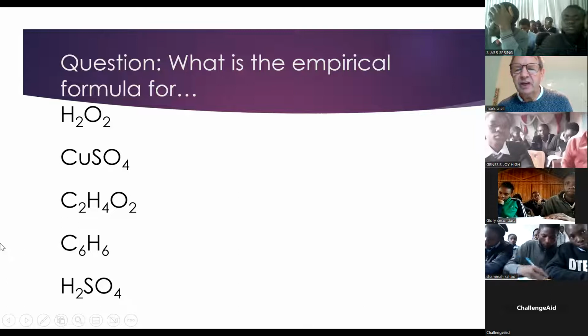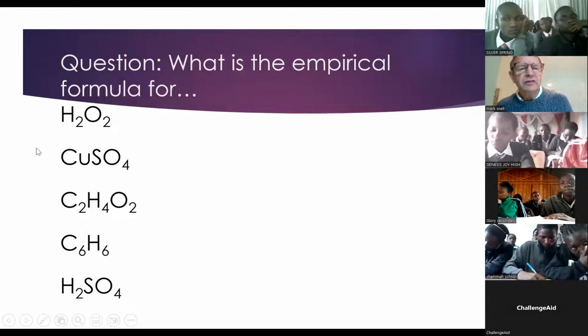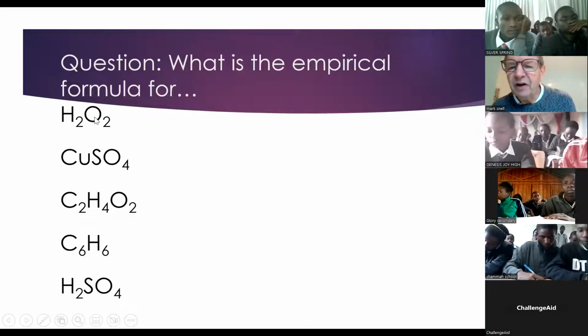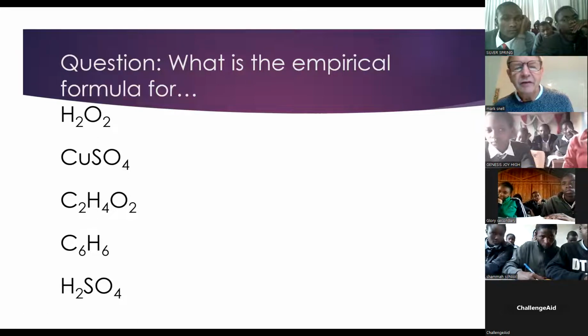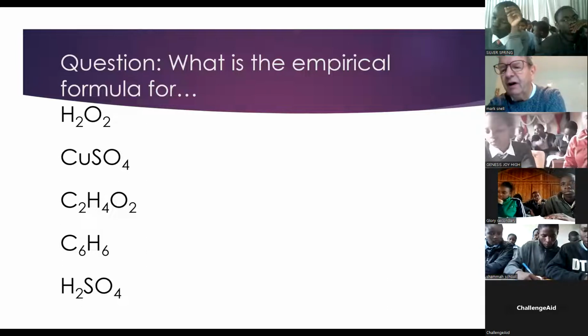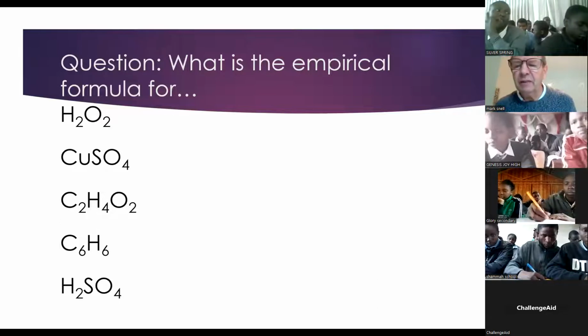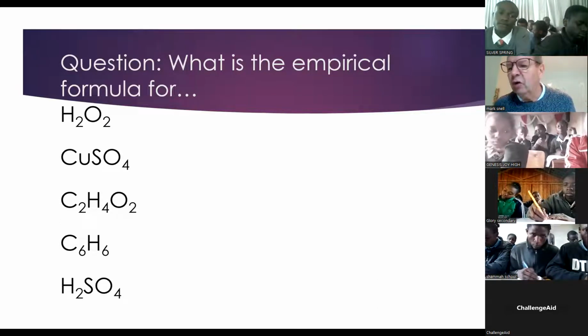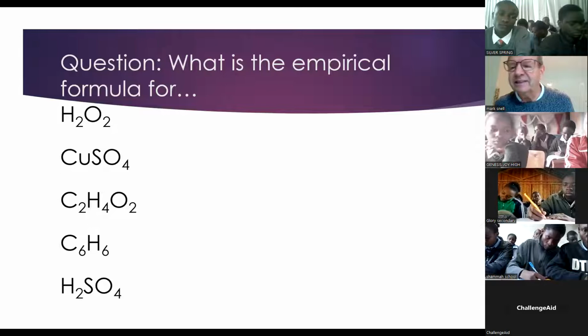Okay, here come the answers, guys. So the first one we can simplify by dividing by 2. So hydrogen peroxide becomes HO. The second one, we cannot simplify. Whenever we have just one atom of something like the Cu or the S, we can't simplify that, so it stays the same. So CuSO4.